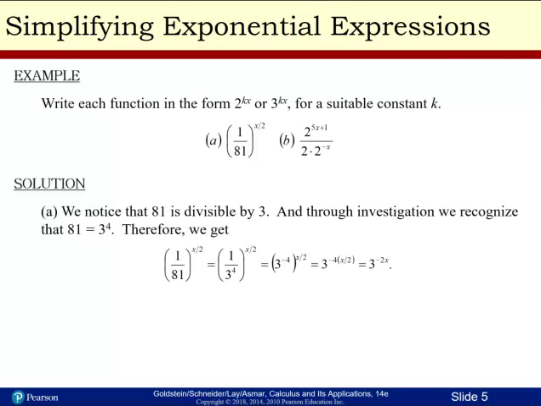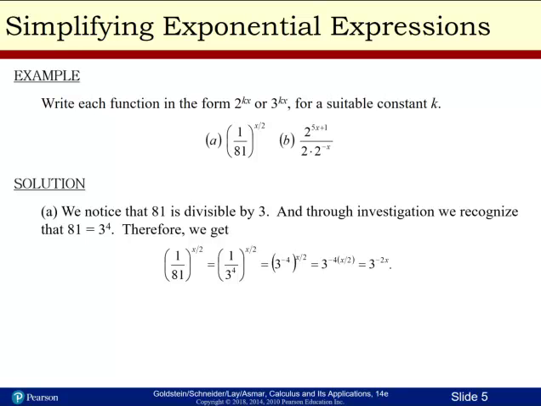So let's do the solution for the a part. We notice that 81 is divisible by 3, some power of 3. After a thorough investigation, we realize that that is 3 to the 4th. So we're just going to rewrite 81 as 3 to the 4th. Then we can rewrite that 1 over 3 to the 4th as 3 to the negative 4, all raised to the x over 2.